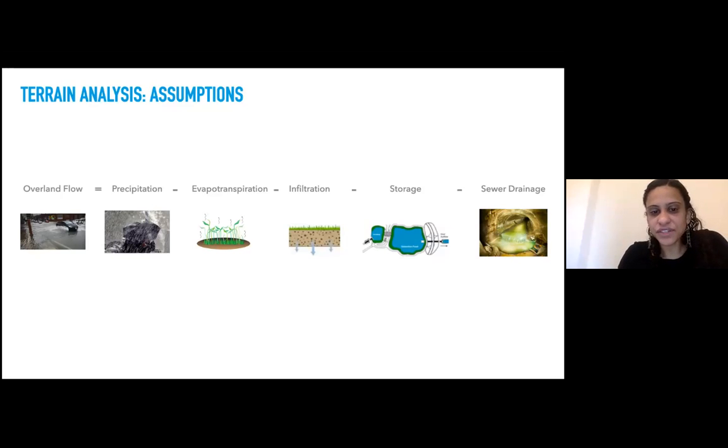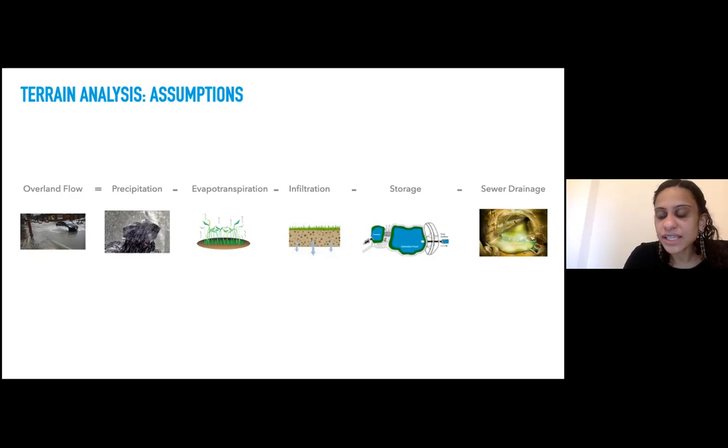And if you think about the urban water cycle, overland flow, the flooding that we want to prevent, results from precipitation, which is going to increase, and is mitigated by regulatory processes like evapotranspiration, infiltration, storage, and obviously the conveyance of our sewer system. And our design of green infrastructure has focused on enhancing evapotranspiration and infiltration, and to a lesser extent storage of stormwater, and all of the benefits that that provides for us in terms of improving water quality and reducing strain on our sewer systems.